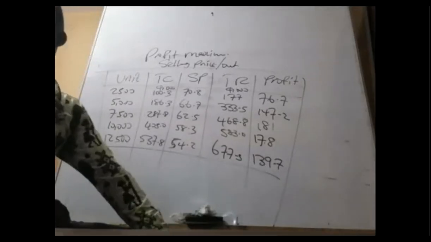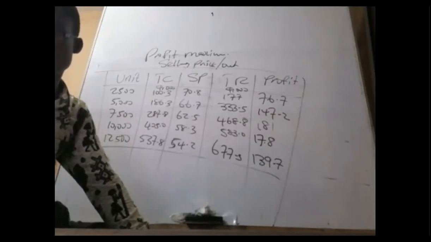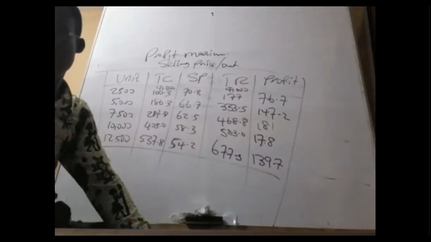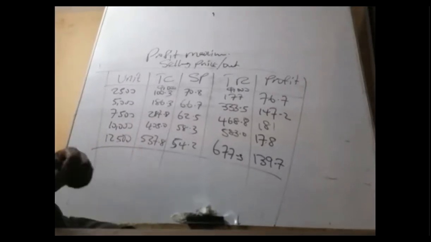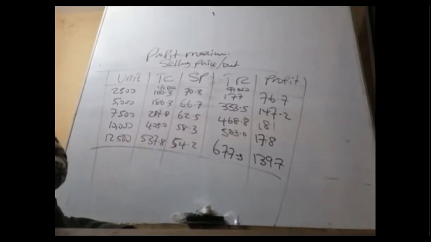139.7. So what's the profit maximizing output? If we get this profit maximizing output, which of the outputs gives the highest profit? Which of the selling prices? They say optimal selling price.